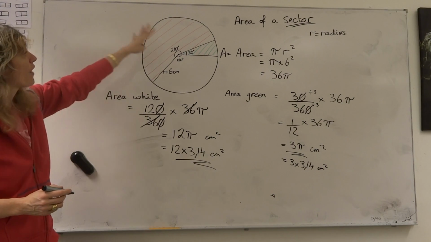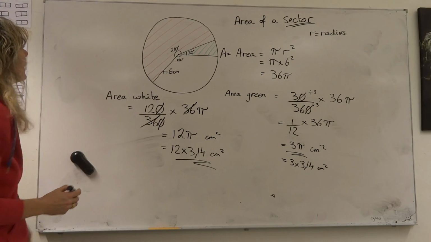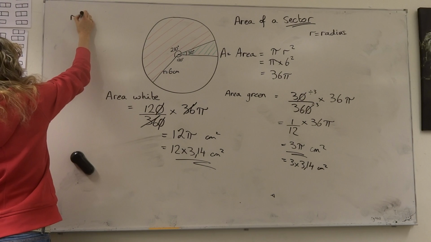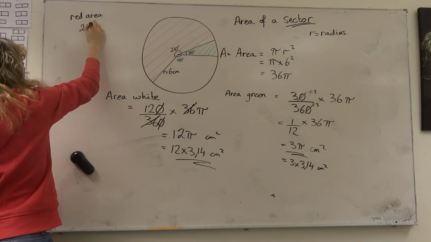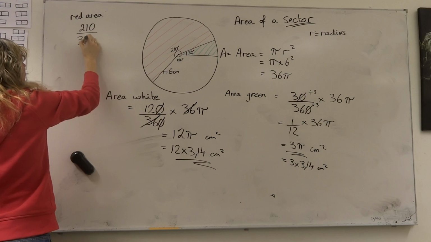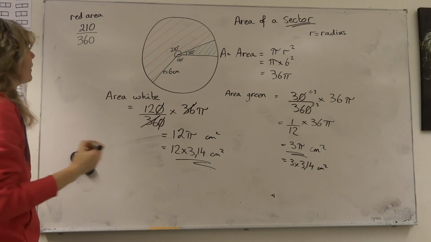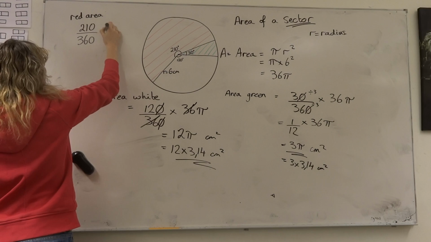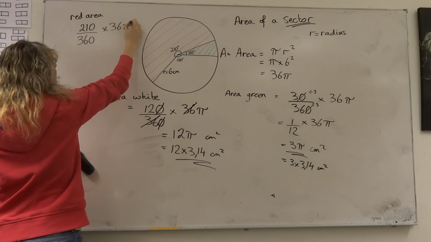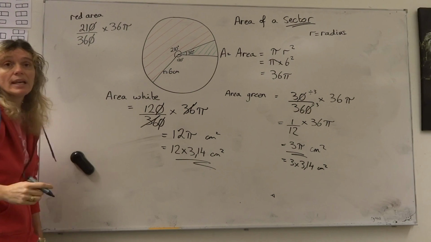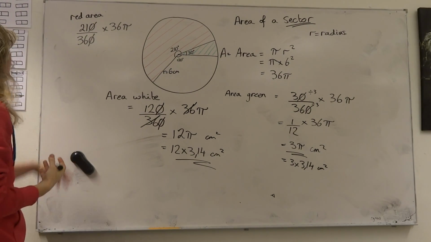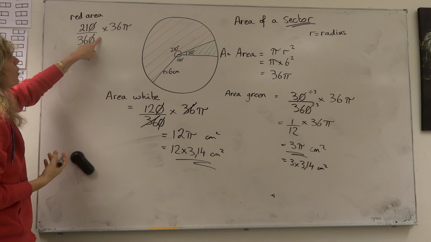So what about our final area then? Well, now we would have, for the red area, we have 210 degrees out of a full circle, which is 360, and the area of the full circle is 36 pi. Again, we can cancel the zeros here because it's division. 10 divide top and bottom here by 10.